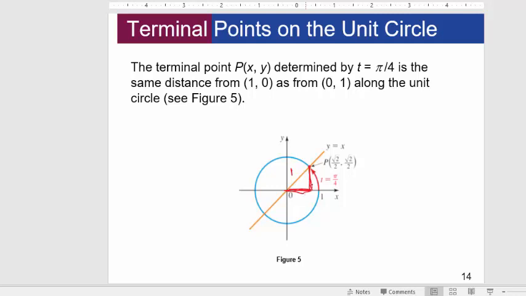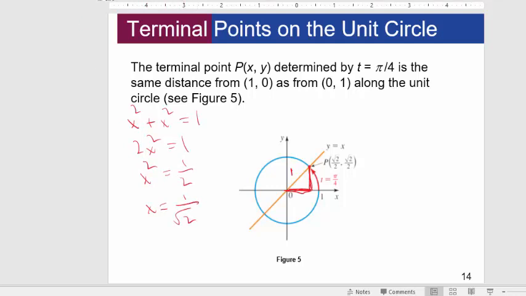So we know that x and y are the same, so x squared plus x squared has to be 1. In other words, 2x squared has to be 1. So x squared has to be a half. So x is really 1 over the square root of 2.